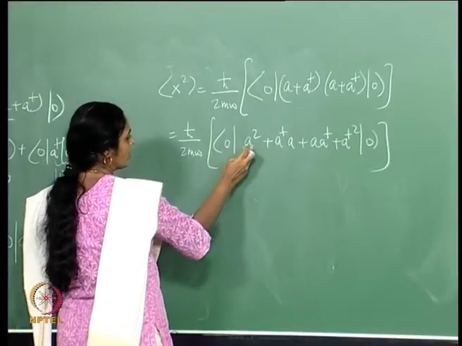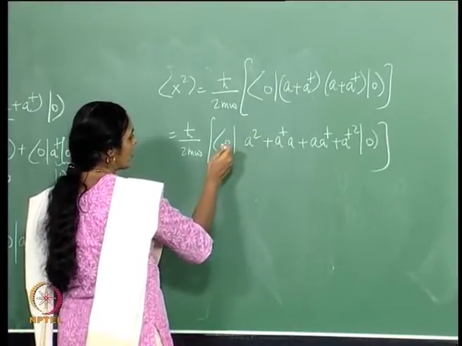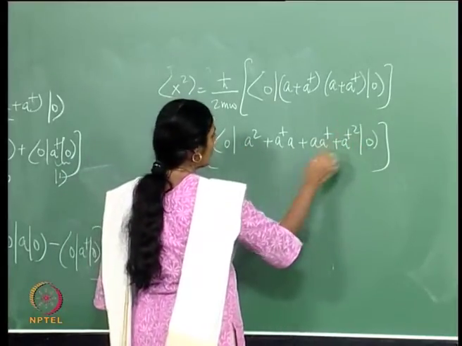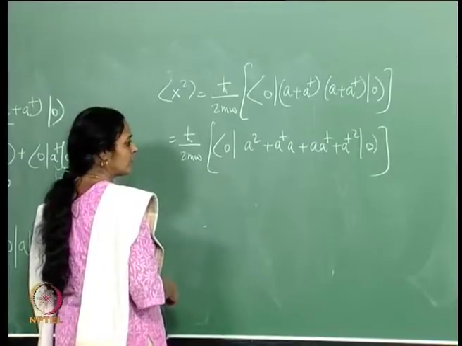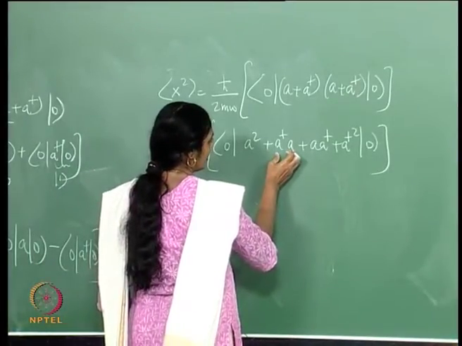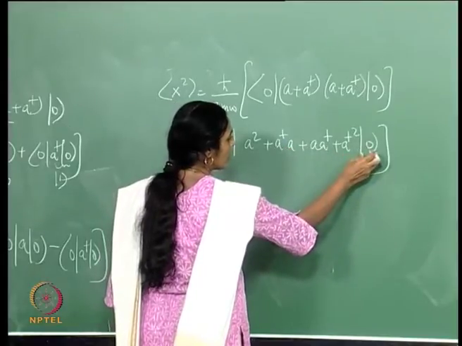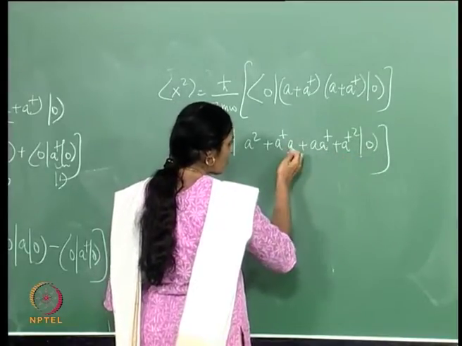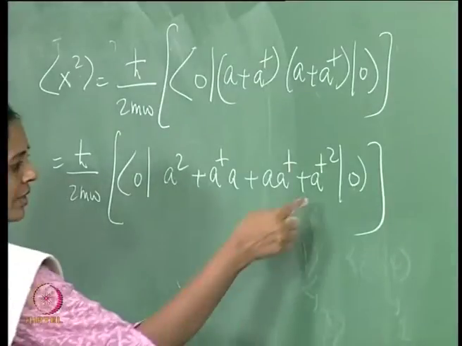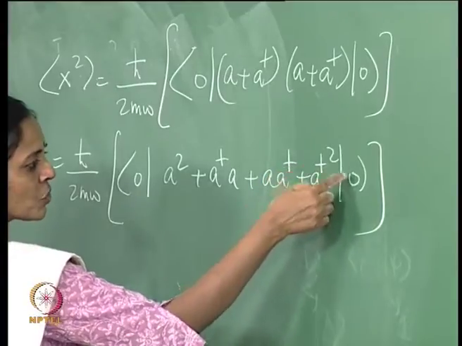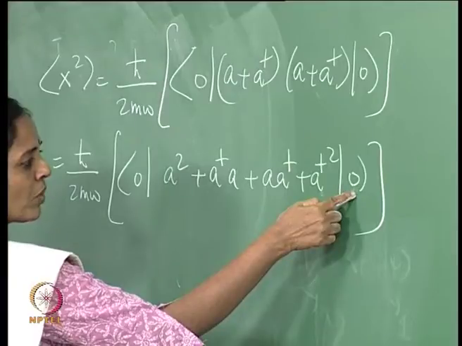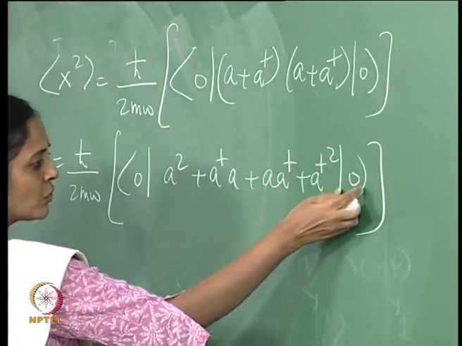Look at the matrix element, look at the expectation value of a squared in this state. First of all, a acts on 0 to give me 0, and therefore, that does not contribute. Let us look at a dagger a. A dagger a acting on ket 0 is 0 ket 0, simply because a on ket 0 is 0. So, that does not contribute either. The last term, a dagger squared on ket 0, the first time you apply a dagger on ket 0, you get ket 1, the second time gets you ket 2.